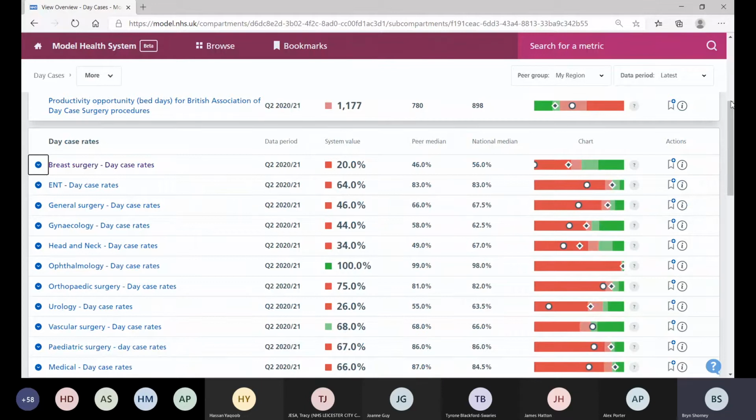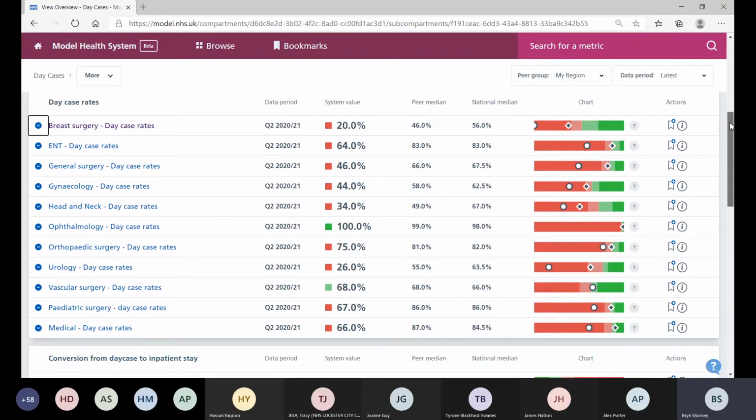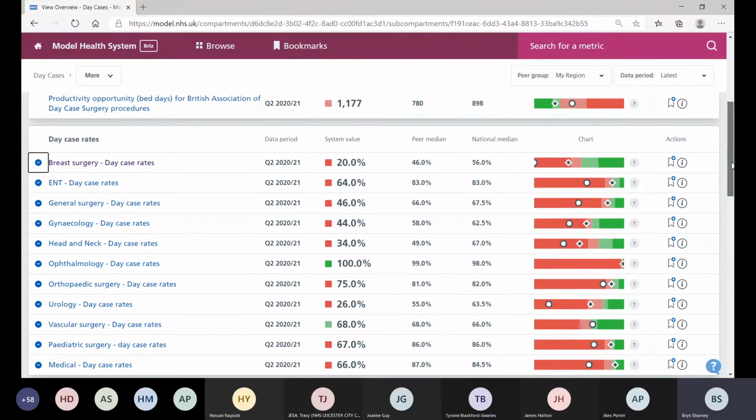You can use the spine chart to view those specialties where the system is doing better and where it is doing worse. For this system, there seems to be quite a lot of red. Obviously, ophthalmology and vascular surgery are doing better than the peer median.